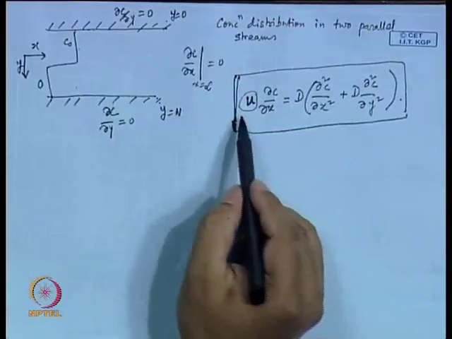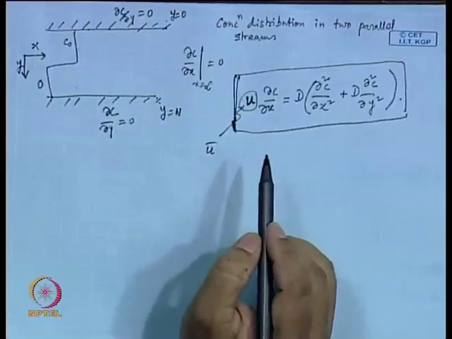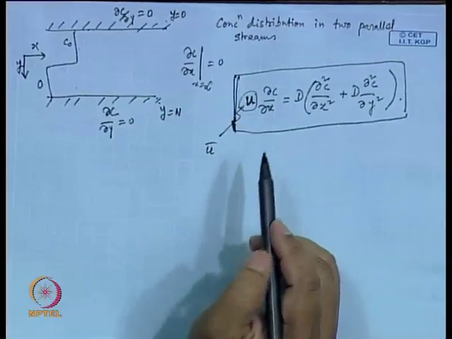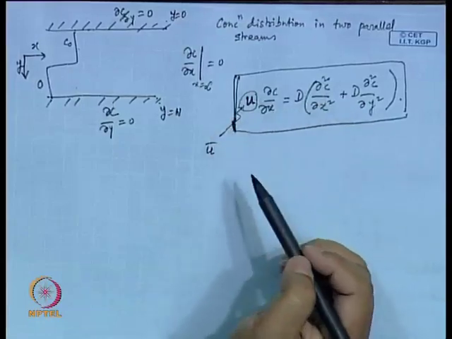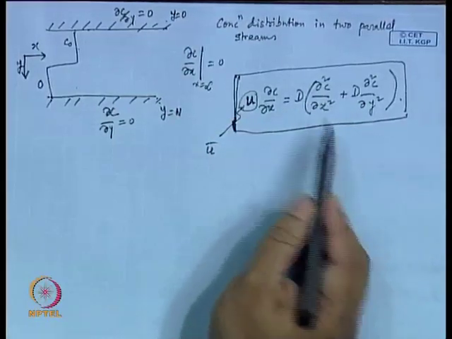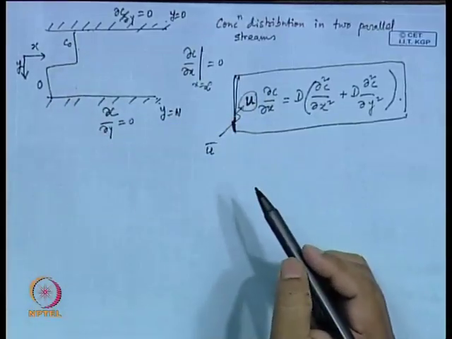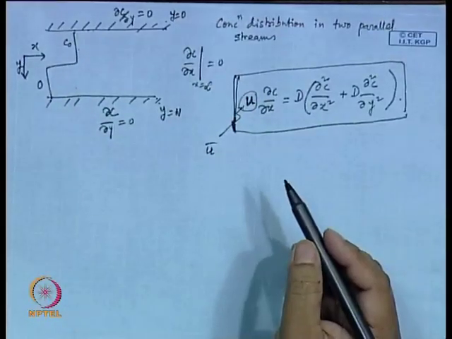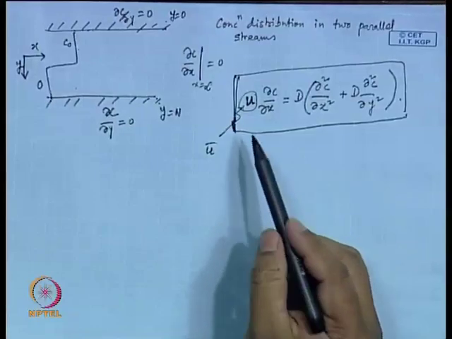However, if somebody can assume this u to be u bar, which is the average velocity, then probably there is an analytical solution available to this system of equations. But if you bring in the velocity profile itself with y, then probably you need to go to the numerical solution. Okay. This has been studied.